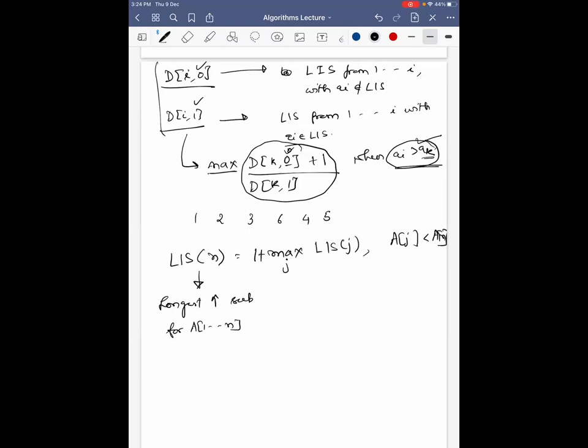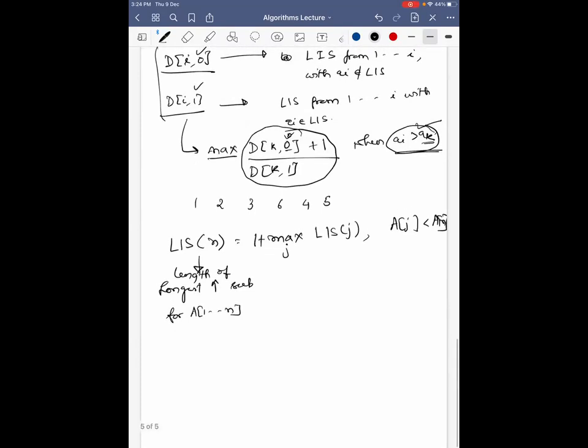Right? So here we are outputting the length of the longest increasing subsequence. Does this make sense? You're maximizing over J, which means with this property.